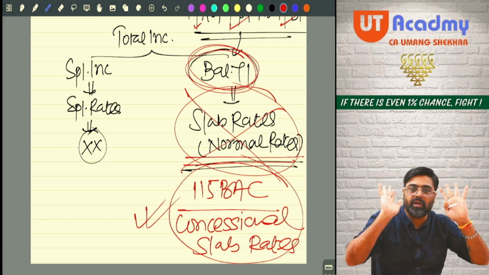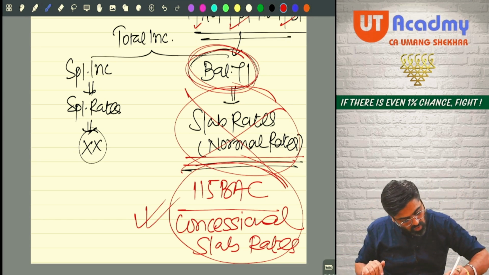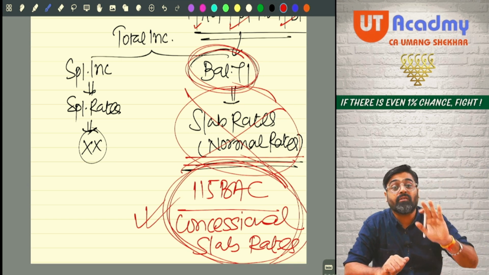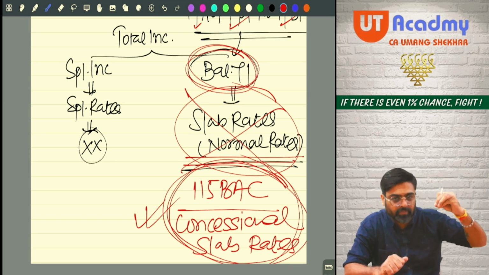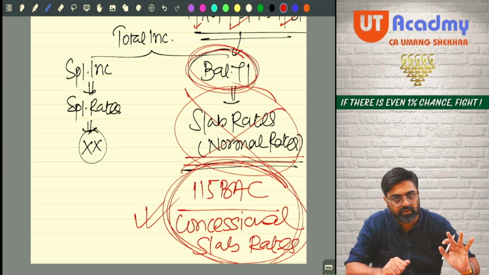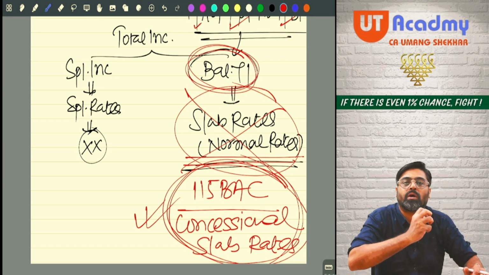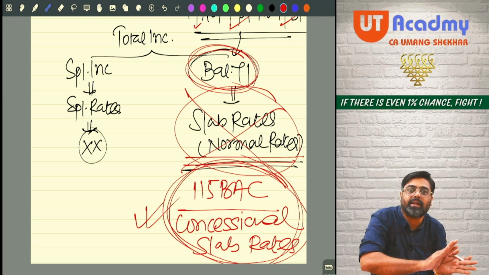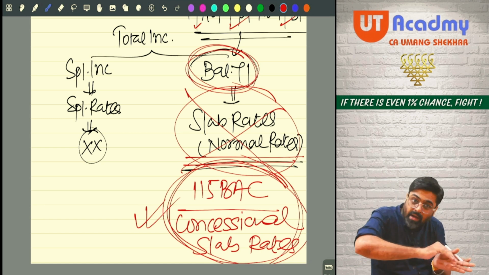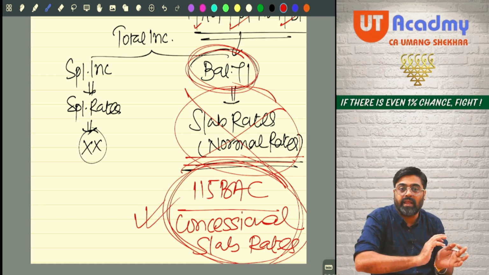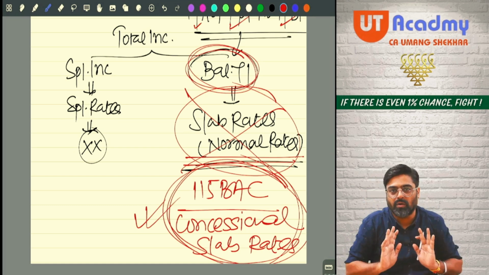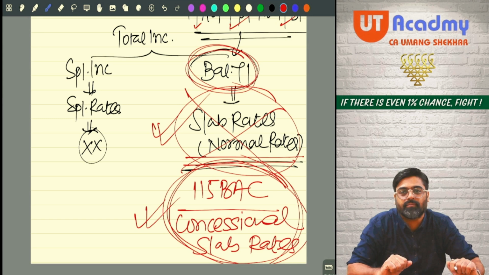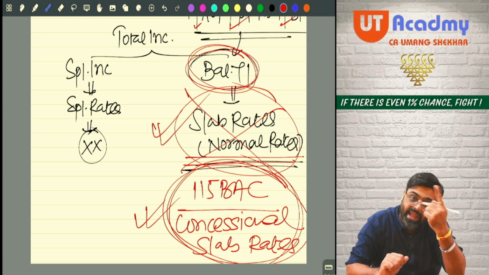So by default you are going to pay tax at these concessional rates. But if you don't want to pay tax as per the concessional rates of 115BAC, you are supposed to come out of the default tax scheme. Shift out, opt out, only then are you going to apply the normal slab rates.